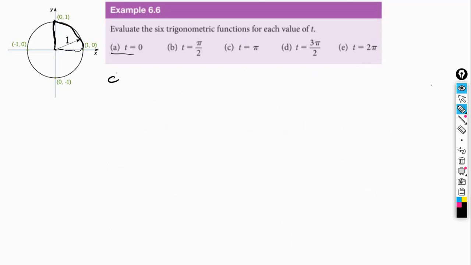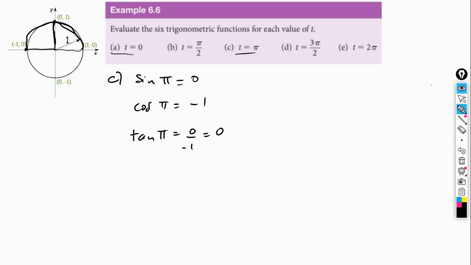For C, they want us to find the trigonometric functions for t equals pi. That would be over here. Pi is 180 degrees, so that means all of this. Again, sine of pi is going to be the y-coordinate, so 0. Cosine of pi is going to be -1, and then tangent of pi is 0 divided by -1, which is just 0.